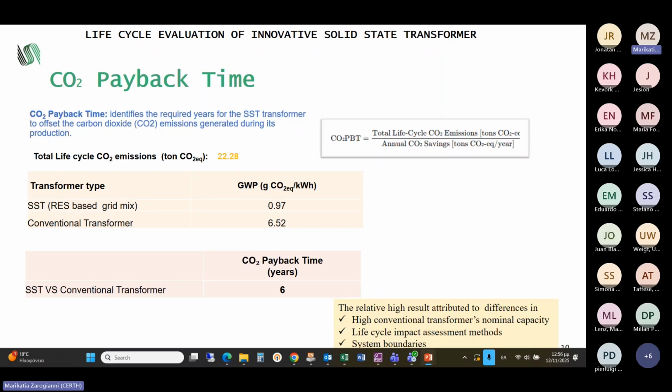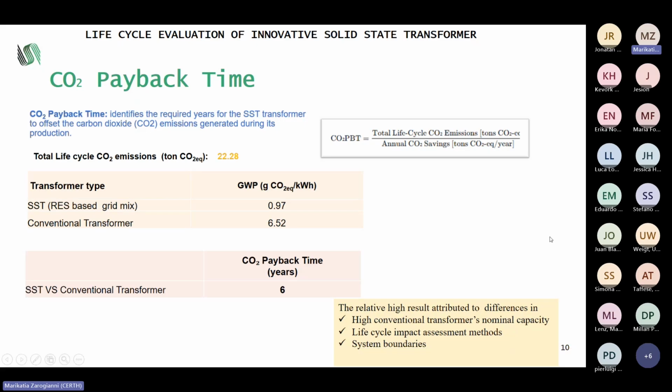However, we should take into consideration the relative difference, which can be attributed to a higher conventional transformer nominal capacity, the life cycle impact assessment method that each study has used, and the different system boundaries that each system has adopted.